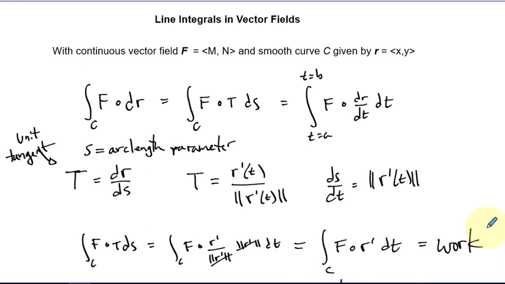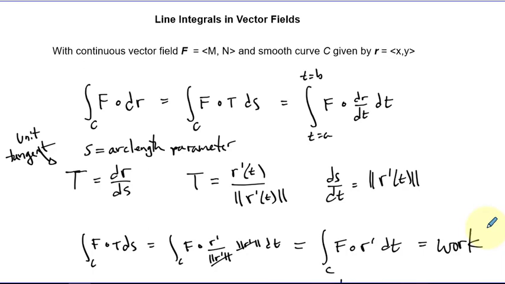Although it's not the only application, and it's not the only interpretation, it's one that works well as you begin to learn this. So imagine, maybe you've seen from physics that work is force times distance. But now what if the distance that you travel is along a curve through 2D space or 3D space?